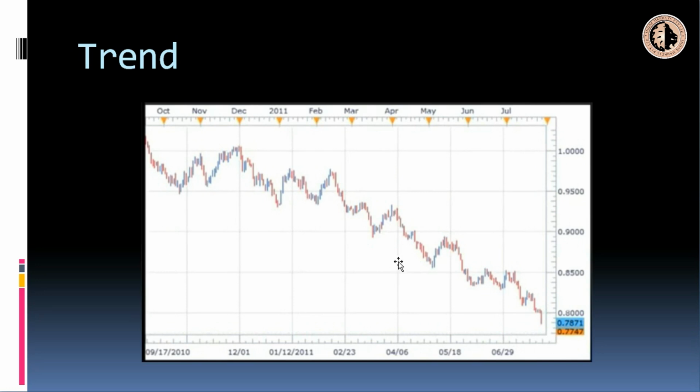Now, this is a very clear downtrend. The market is going down. But one of the things I'd like people to know is that the market never goes down in a straight line. And that is what most people tend to miss.